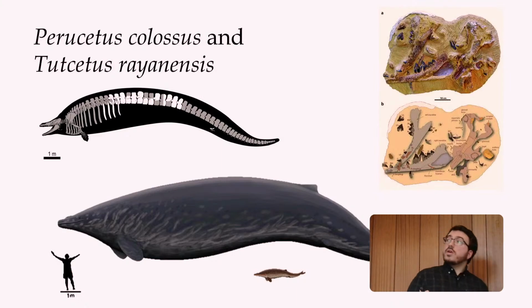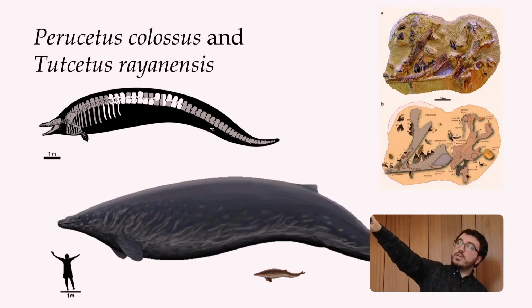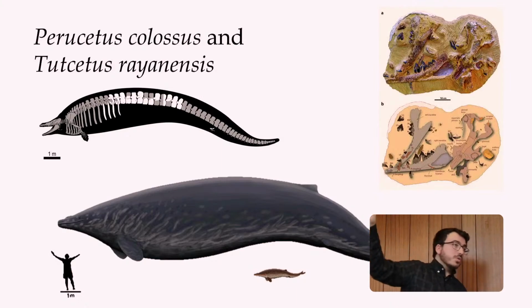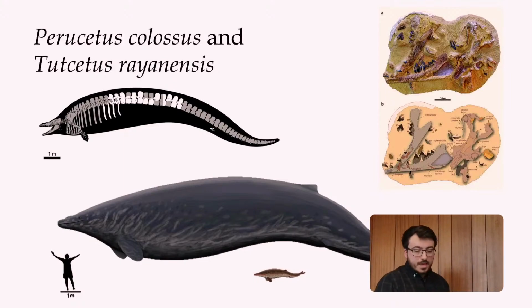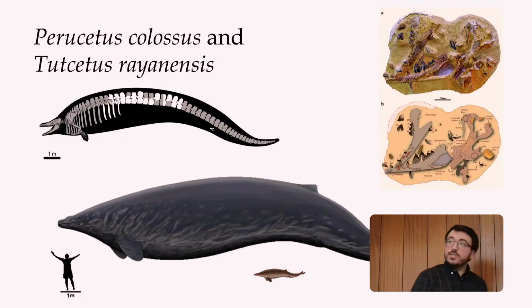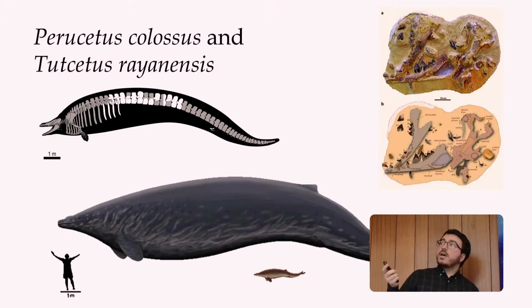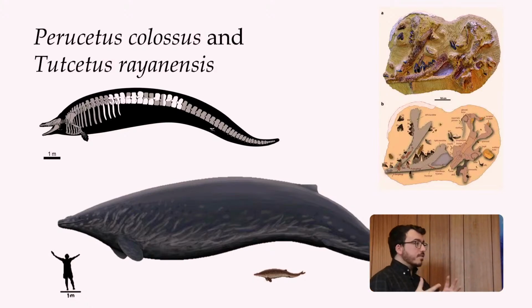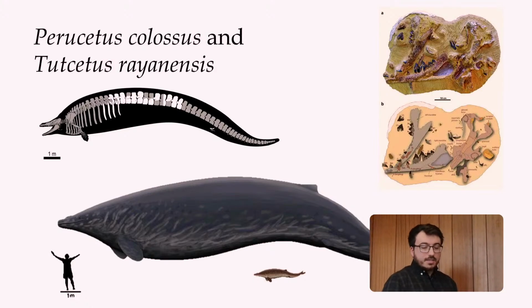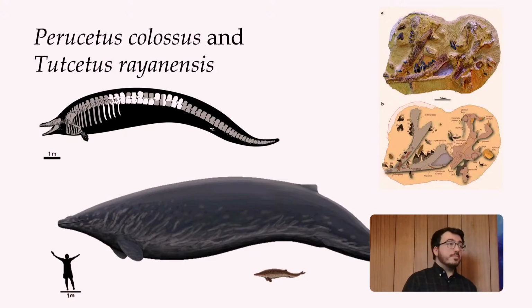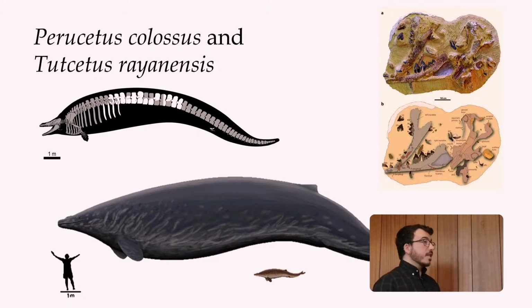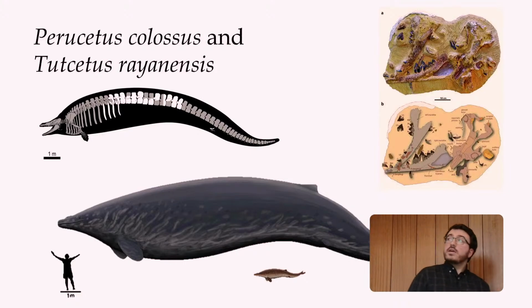But you can see the vertebrae are absolutely huge. They're really thick, and that is what we call pachyosteosclerosis, a thickening and densening of the bones, similar to what we see in manatees today, which has led people to speculate that it was actually living a little bit like modern manatees.